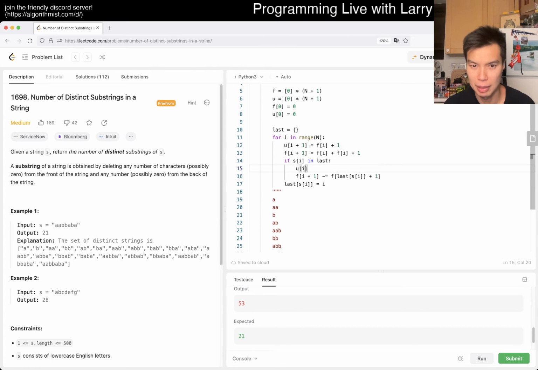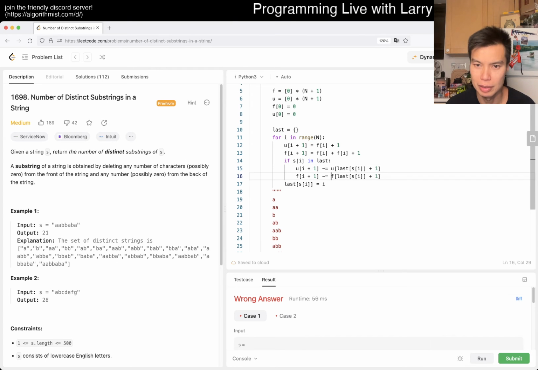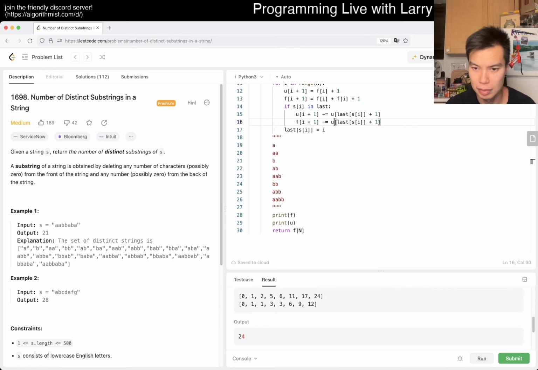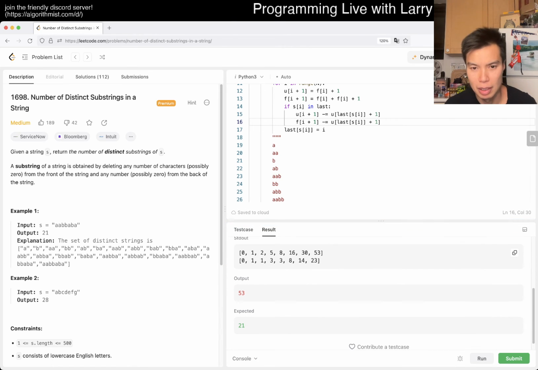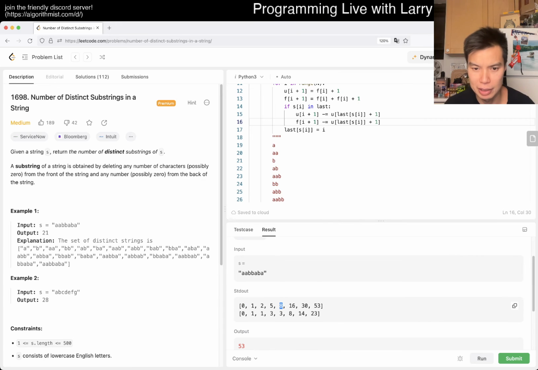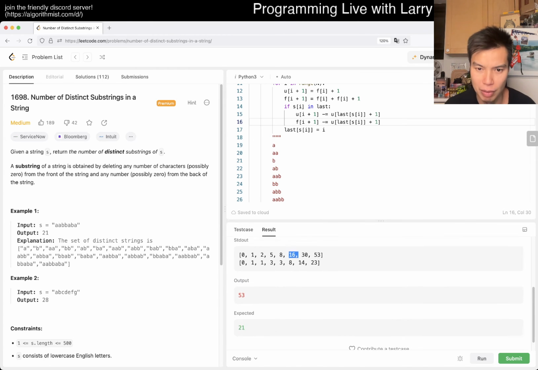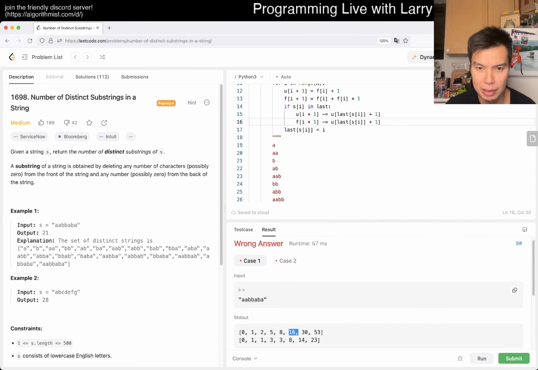Right, so u sub i plus 1 minus the last time, something like that, right? And then here, but it's not quite right. I mean, it gets this one right, but then the A is just falling apart. It grows too fast. And why is that?